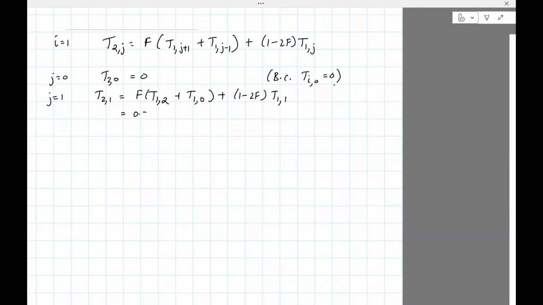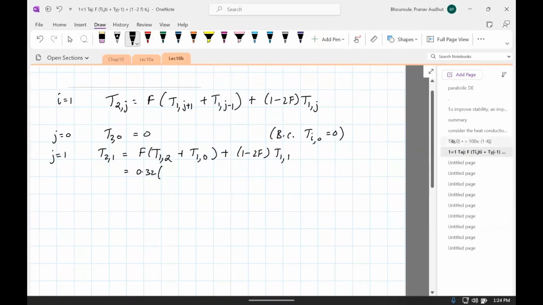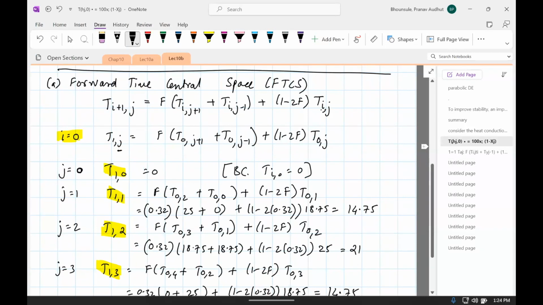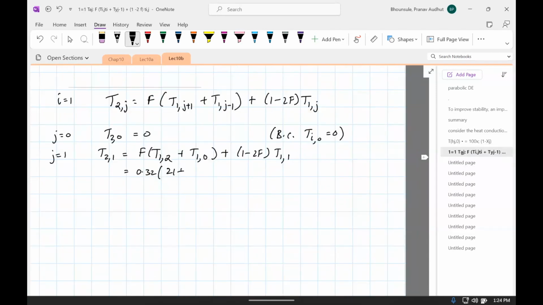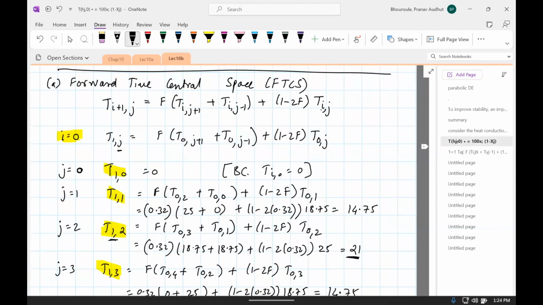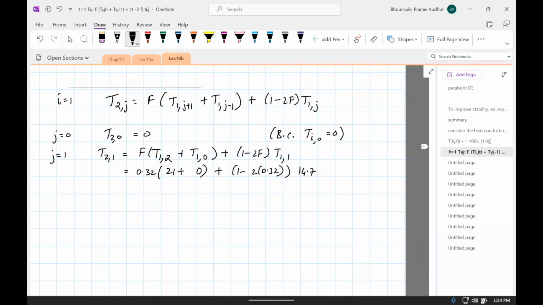So 0.32 times T1,2, which is something you can find over here. T1,2 is 21. T1,0 will be a boundary condition, so it will be 0, plus 1 minus 2 times 0.32 times T1,1, again here, T1,1 is 14.75. Okay, that is 12.03.